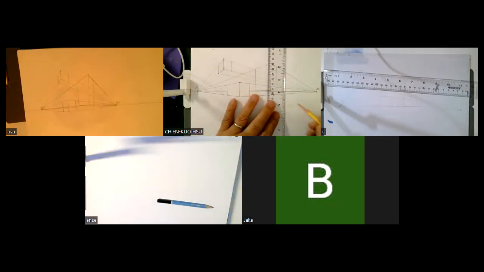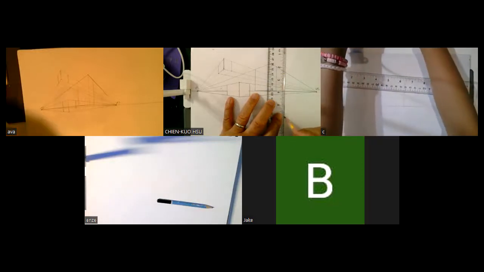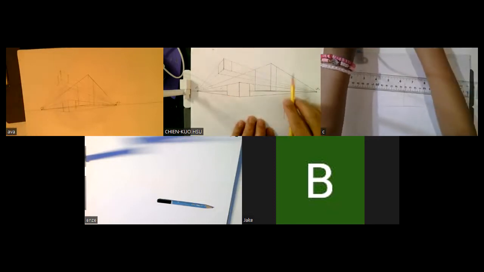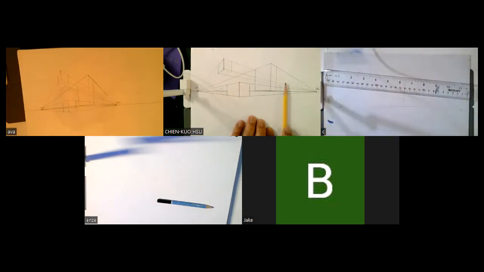Okay, so this one, same thing, 90 degree against horizon line. It'll be like this. So draw one here. First thing you need to do is just create a 90 degree line against the horizon line, but you don't have to touch the horizon line.